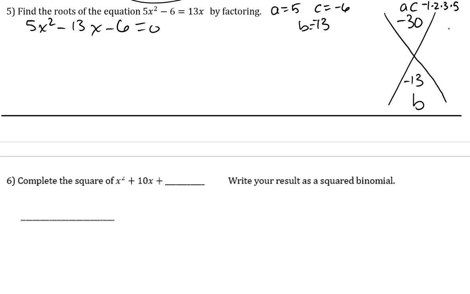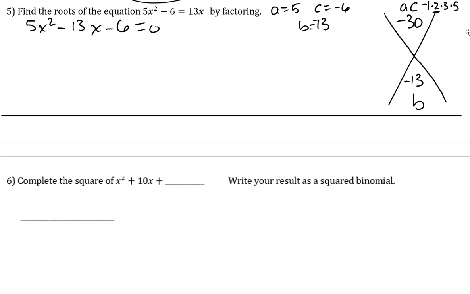It doesn't take me long, right? I'm clearly seeing that this 2 and this 5 have caught my eye. That's a 10, and what I'm left with there is a 3, and I'm like, wait a minute, that's not going to work because 10 plus 3 is 13, and I need a negative 13. They both can't be positive, so that's not going anywhere.